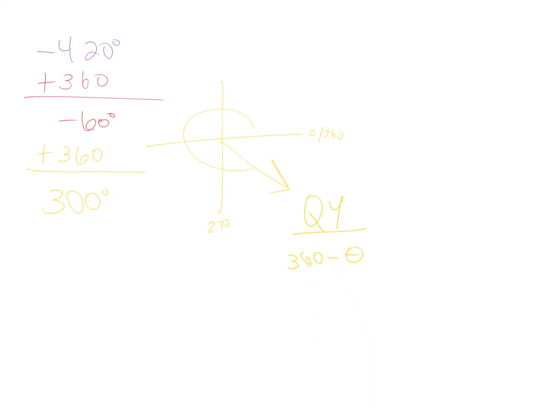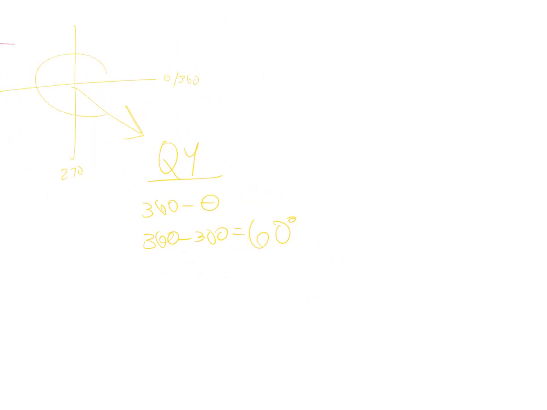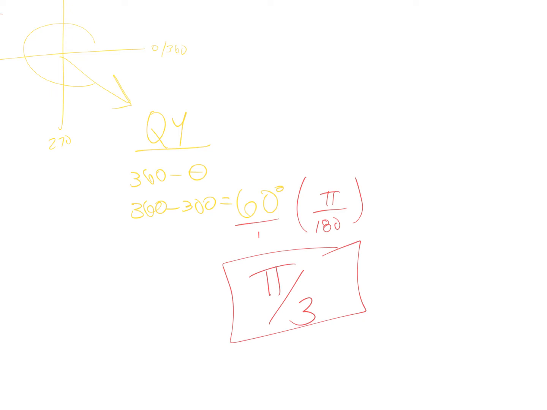So you have 360 minus 300, which is 60 degrees. Okay, that makes sense. So is that my reference angle? No. Why not? I have to convert it back. I started out with pi in my problem, so I should have pi in my answer. So I'm going to convert this back. What is my reference angle? Pi over 3. Good. Very good.